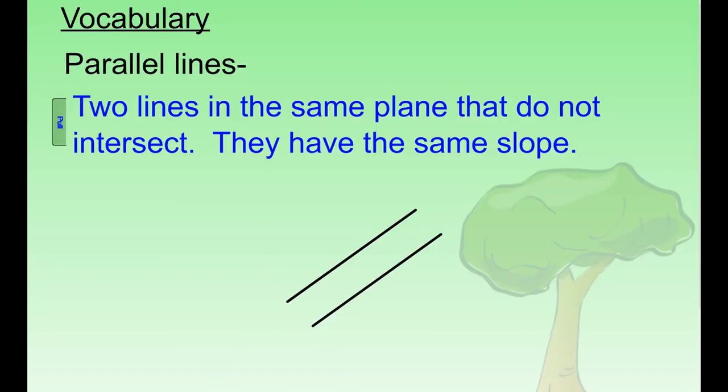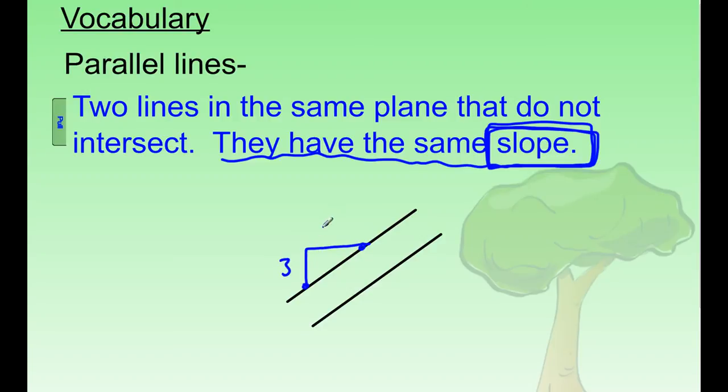But a definition most people don't think about is that they have the same slope. Now that we're big boys and big girls, we're talking about algebra stuff, the word slope is coming into it. If I find the slope of this line, and I'm just going to play pretend because there's no coordinate grid, if I go up 3/4, that would mean the other line would have the exact same slope. If I pick 2 points on this line, it would be, again, up 3/4.